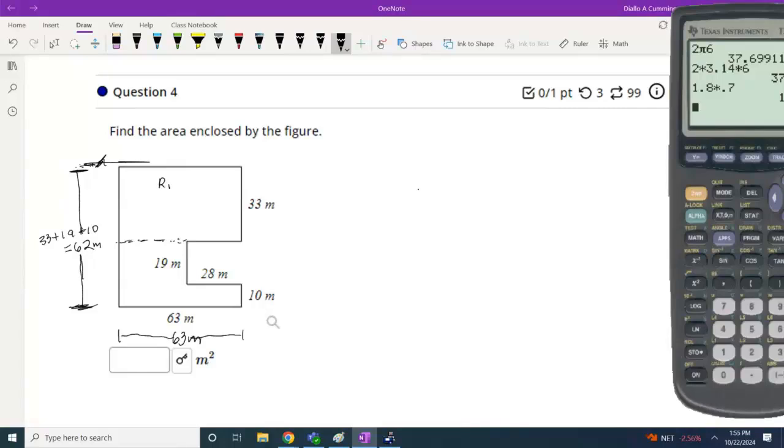And I'm going to call this rectangle 1. I'm going to draw a horizontal line here, and I'm going to call this rectangle 2. And down here I have rectangle 3.